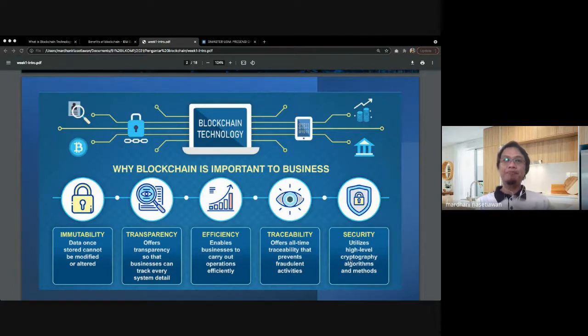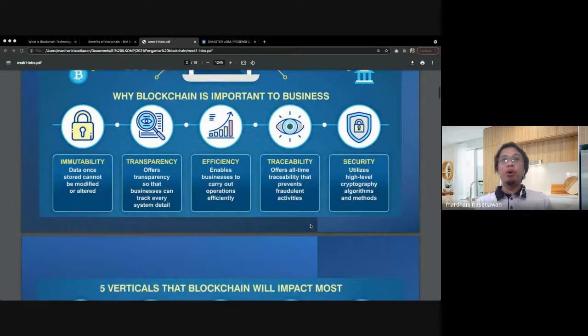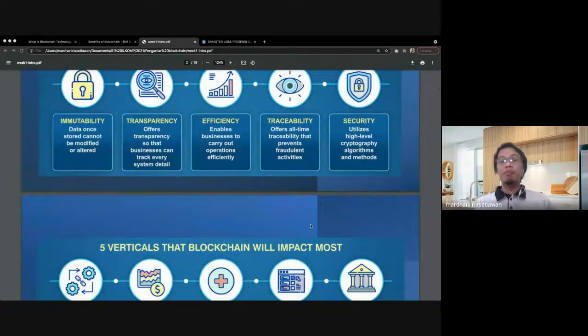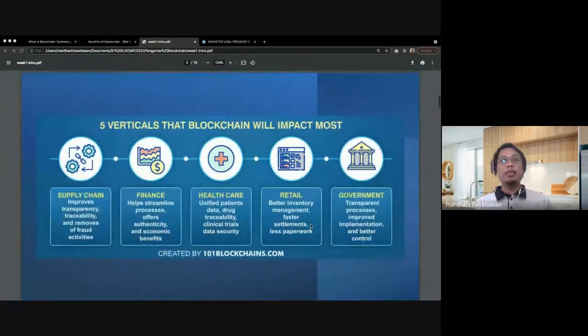In our agenda, I will also discuss several high level cryptography algorithms that are implemented in blockchains. So those are the five important points why blockchain is very useful for business.